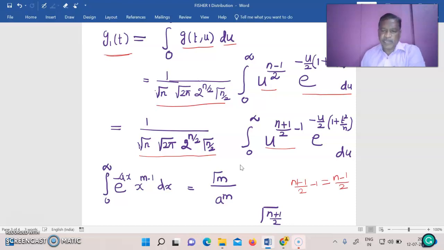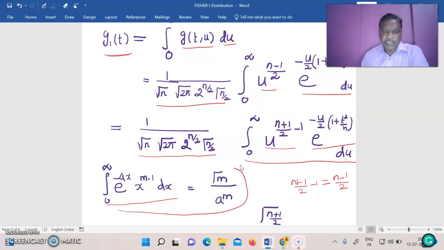Then e power minus u by 2, (1 plus t square by n) du as in the previous step. So this complete integral is in the form of the integral from 0 to infinity of e power minus ax, x power m minus 1 dx, which is equal to gamma m divided by a power m. This is the gamma integral. Already we know this result.